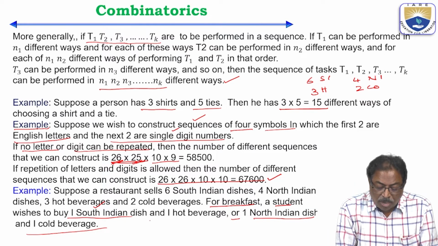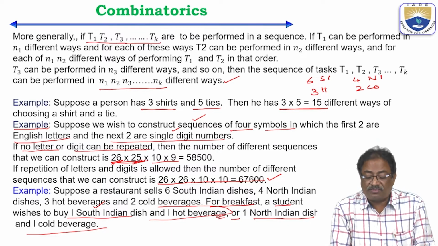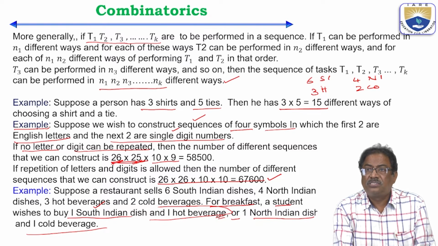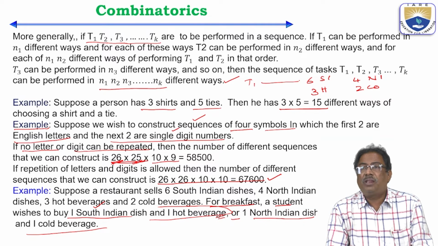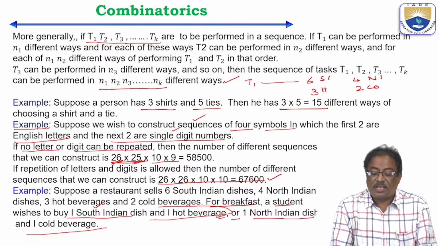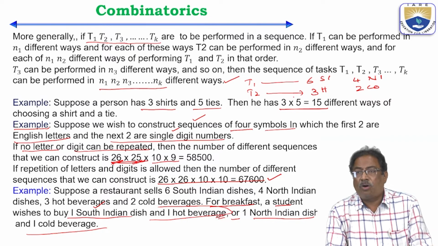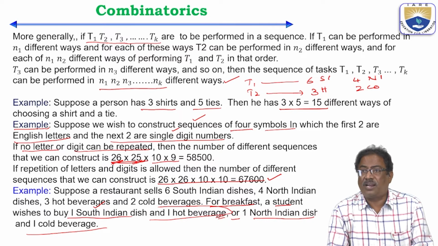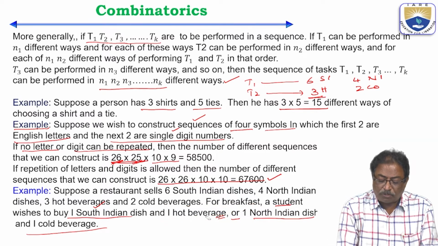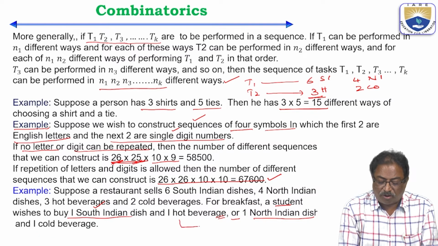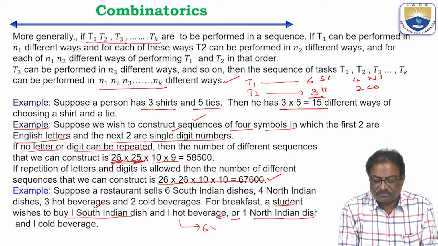Considering the first option, T1 is selecting a South Indian dish, and he can select in 6 ways. T2 is selecting a hot beverage, 1 of the 3 in number. After T1 and T2, it is 6 into 3 ways.